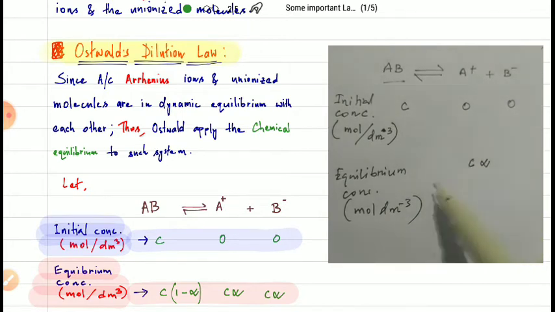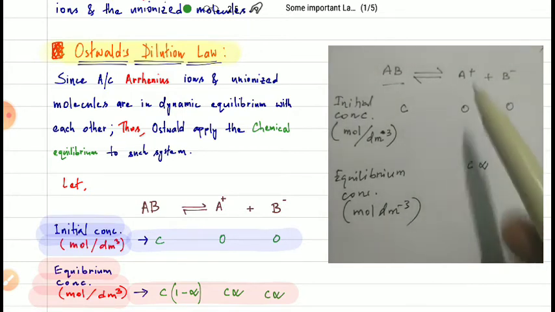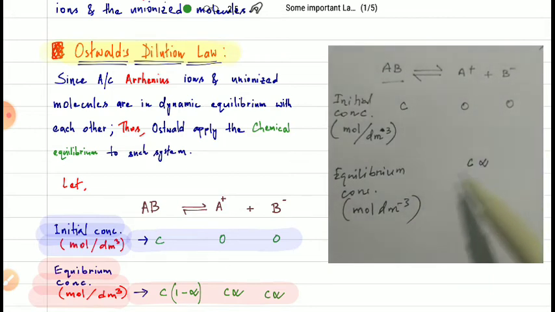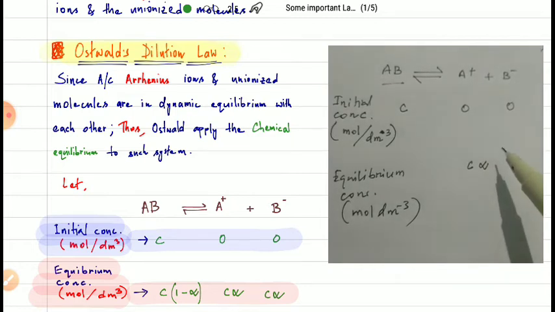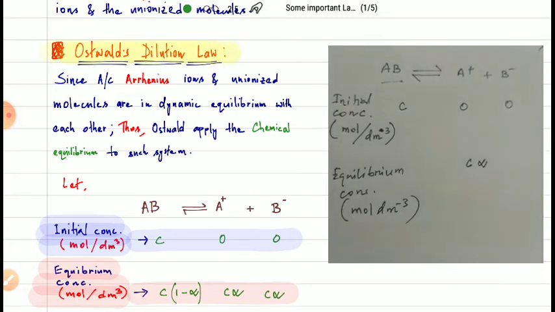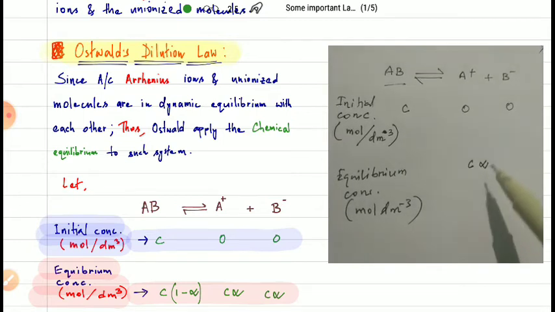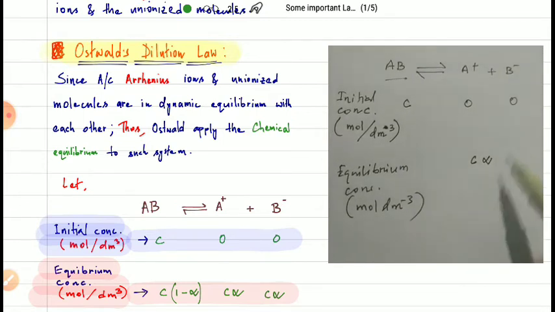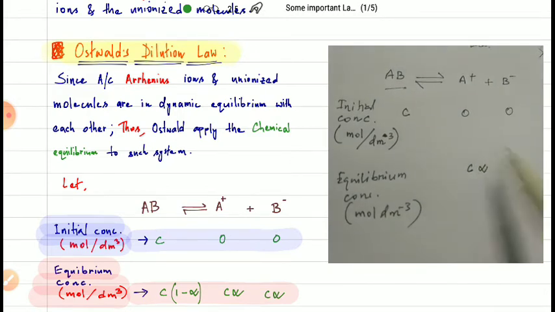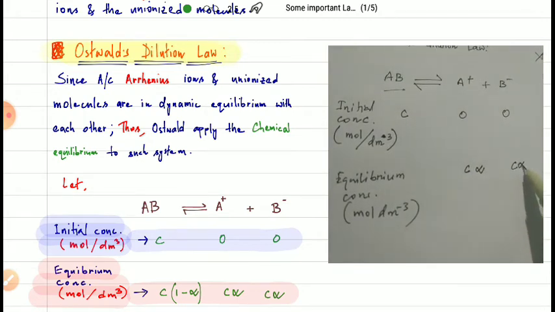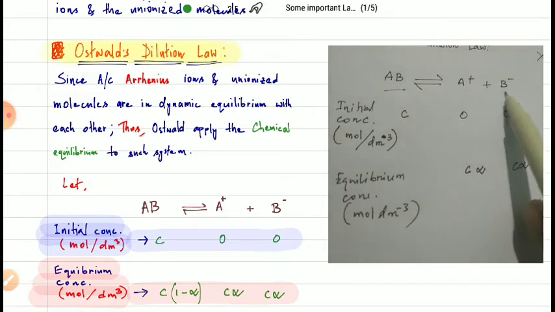Then C alpha will be the concentration of A positive. I think you already have an idea about this alpha from the higher secondary first year chemistry book and the NCERT book. If you don't know, you can go through that book. So this is C alpha, and also C alpha for the concentration of B.